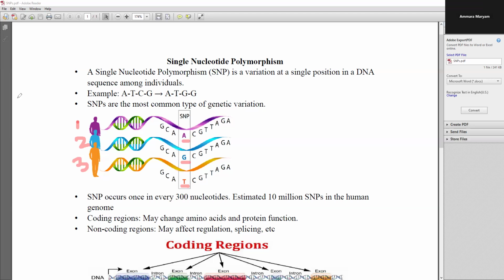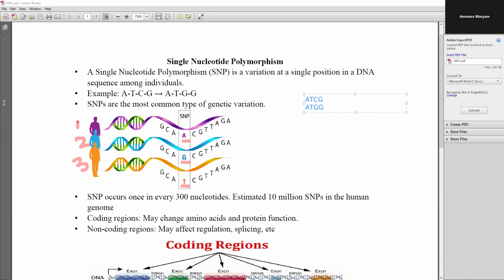For example, let's say most people have this particular sequence of nucleotides: adenine, then thymine, then cytosine, and guanine. Now, if most people have this particular sequence at a specific locus on a chromosome, but you have this A, then this T, but instead of C you have this G, and next there is also G. Now that's the SNP.